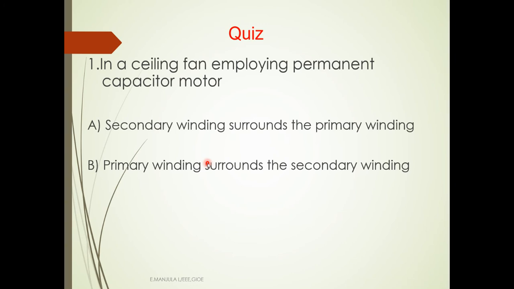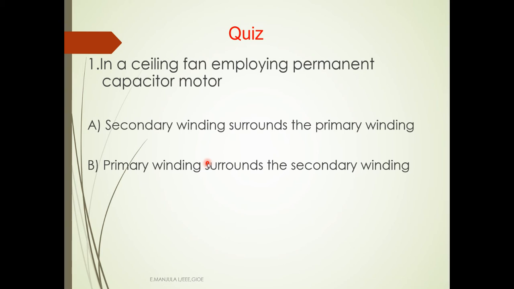That means even in running condition it will be available, and in the starting condition it will be available. We have discussed that there are nearly 4 to 5 types of induction motors. There is the capacitor motor, only capacitor motor, which is called a permanent capacitor motor. So only the capacitor is used in both starting and running condition.